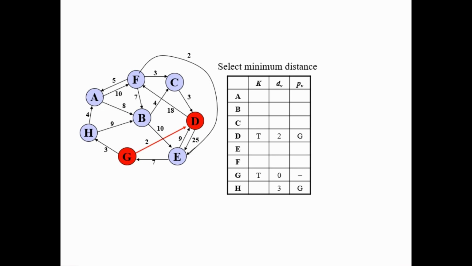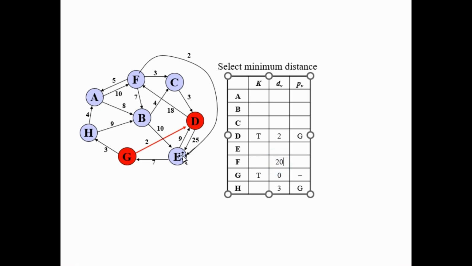They are unvisited, so we will see what the updated values are. Starting from G up to D, we have a value 2, and from D to F we have 18. So 18 plus 2 is 20, so we will update F with 20.